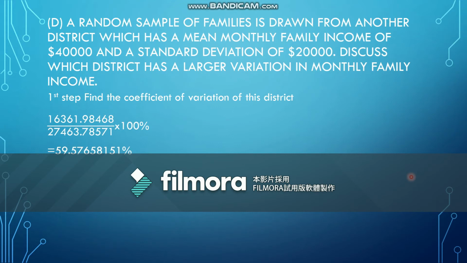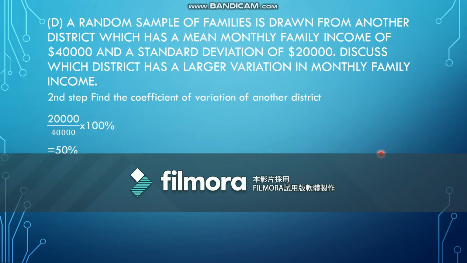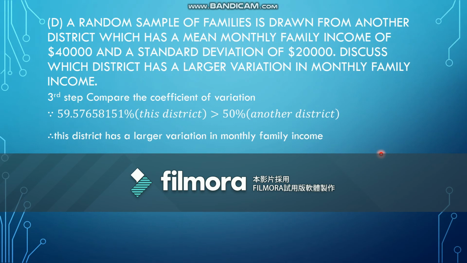So in this case, we can find the coefficient of variation of this district. And then the second step, we need to find the coefficient of variation of another district. We just simply put 20,000 on the numerator, and then 40,000, which is the mean, on the denominator, and then multiply by 100%.